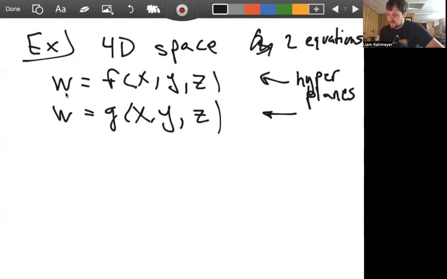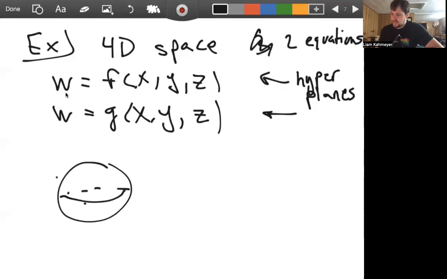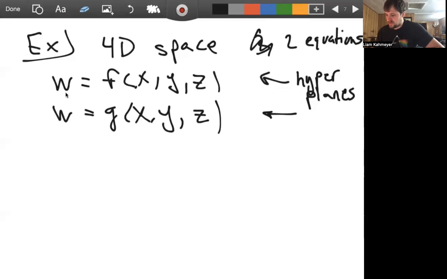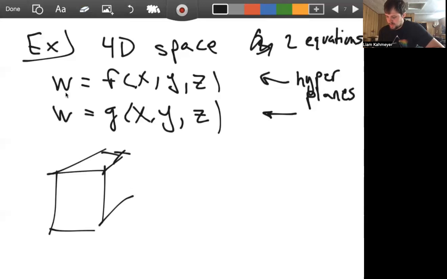So basically, this is 3-dimensional, so maybe I could draw something 3-dimensional. This isn't a hyperplane, right? So I should use something that would be linear. Something linear would be, to us, the projection in a lower dimension, which would just look like a cube. And if you intersect 2 cubes, so the picture is really messy here, I apologize.